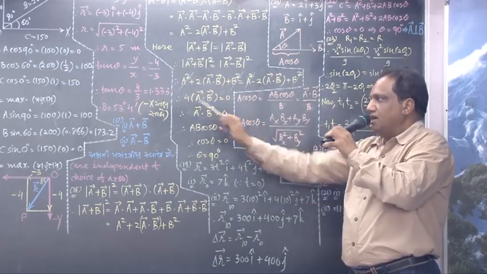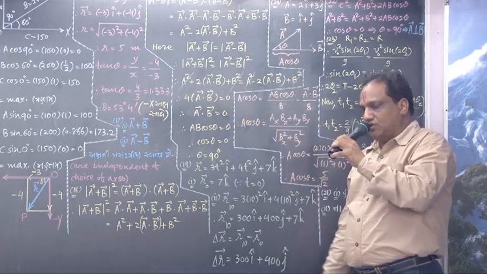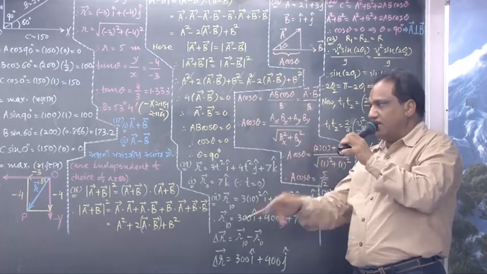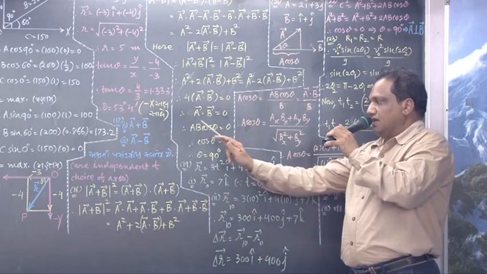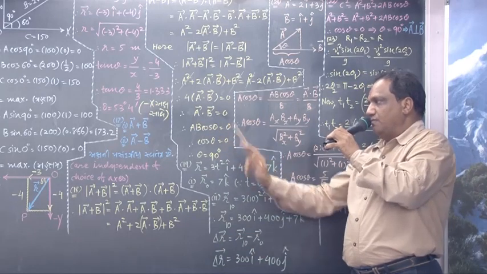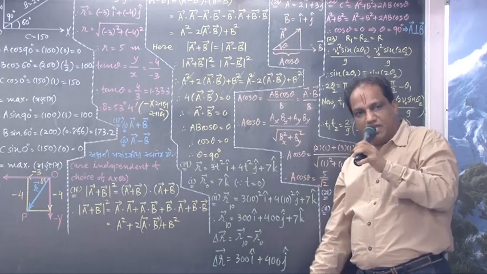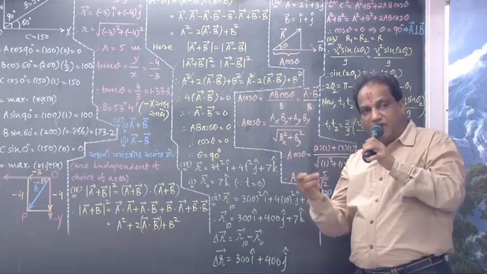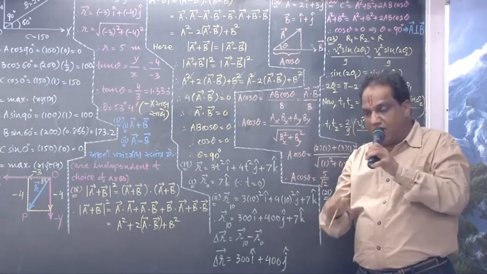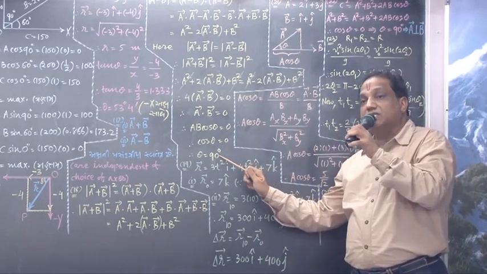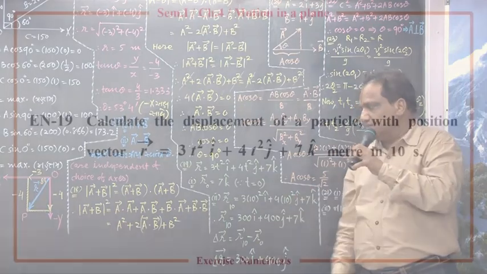Transfer 4 to the denominator, 0 upon 4 will be 0. What is vector A dot vector B by definition? AB cos theta. Take this AB in the denominator, 0 upon AB will be 0. When cos theta is 0, then theta must be 90 degrees. What is theta? Angle between vector A and vector B, which we had to find out, and we have found out. It is 90 degrees. Correct? Next.